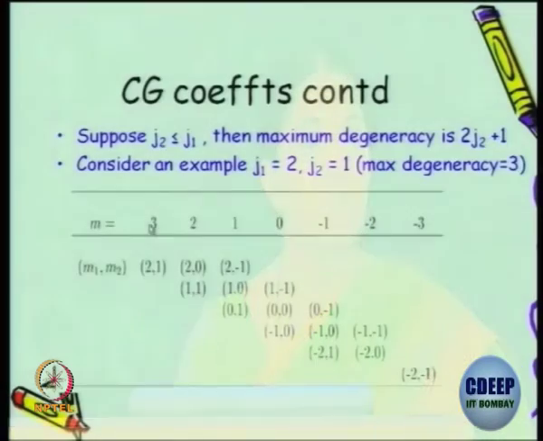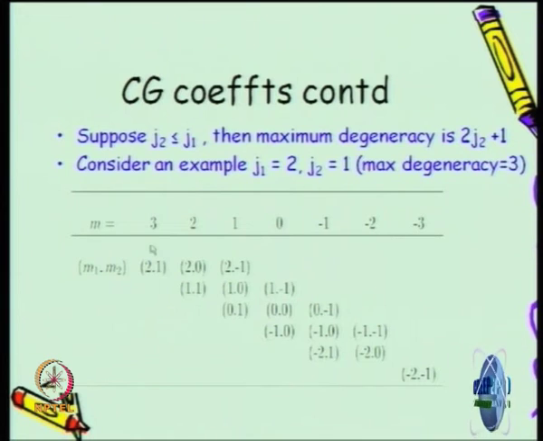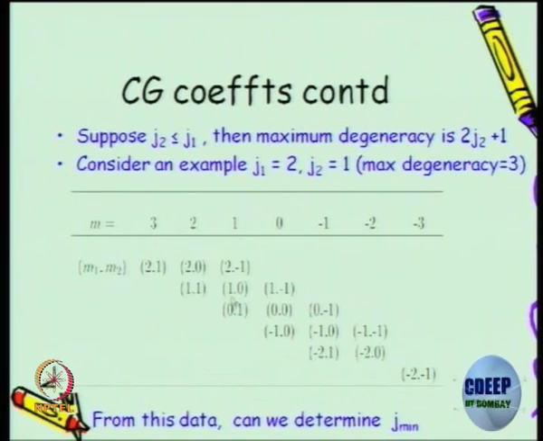M1 plus M2 should be equal to M, and that shows that for M equal to 3, it's a stretch state. It's one dimensional. If you take M equal to 2, there are two possibilities. You can put M1 to be 2 and M2 to be 0, or the other way round.